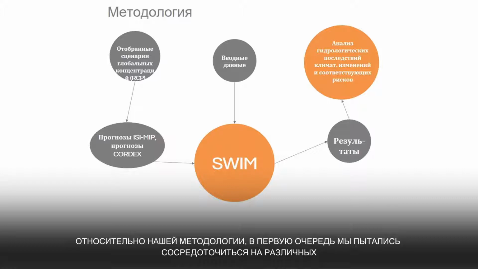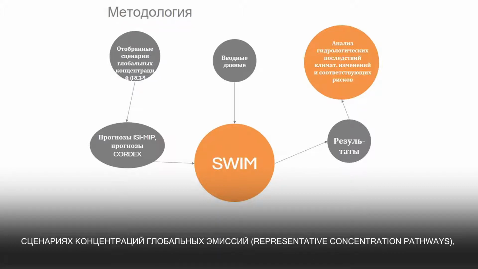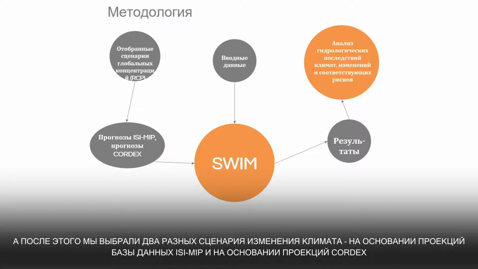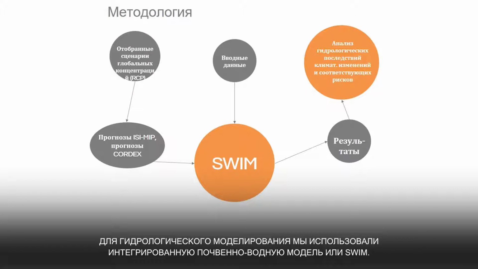Regarding our methodology, first of all, we tried to focus on different RCPs, representative concentration pathways. Then we chose 2 different climate scenarios: ISIMIP projections and also CORDEX projections. For hydrological modeling, we use the Soil and Water Integrated Model.